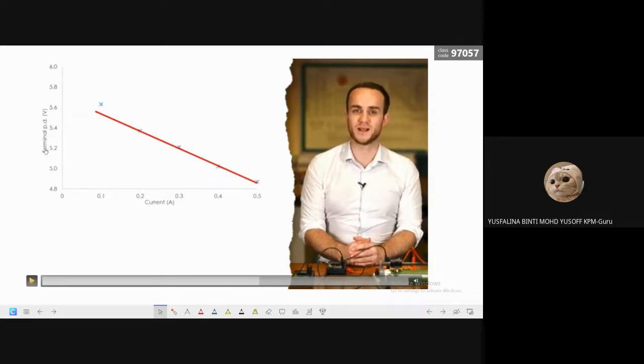So in this one, they change the current, and when they change the current, they observe the voltmeter. When the current is 0.1, the voltmeter gives a reading of 5.6. When 0.2, it gives 5.4. When 0.3, it is 5.2.